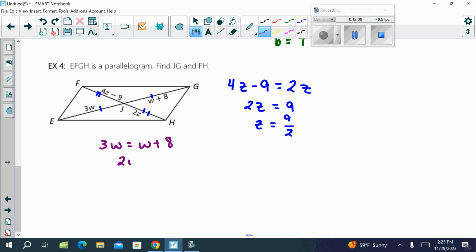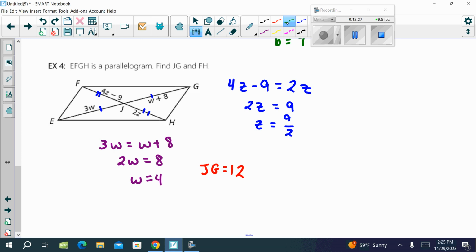How much does W equal? 4. All right. JG. What do we plug in for JG? 4 plus 8, which is 12. So that's an easy mental math there.